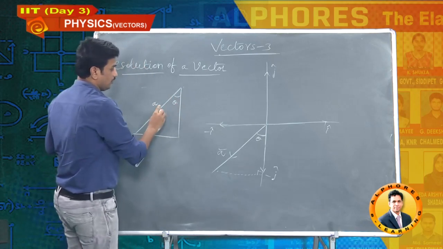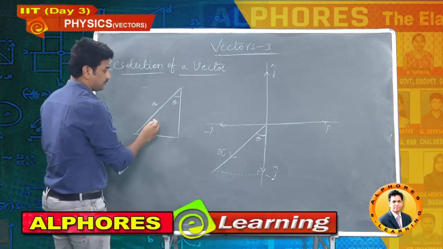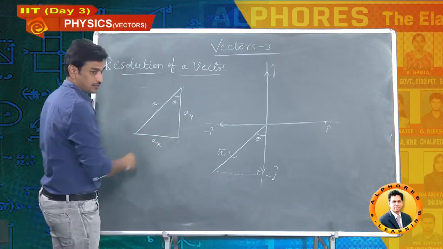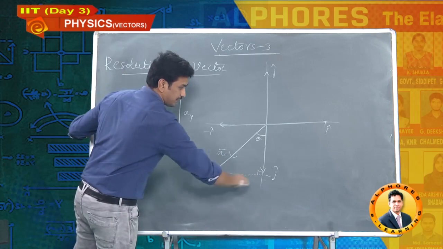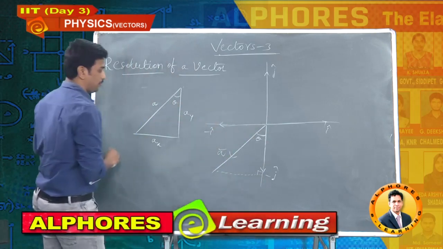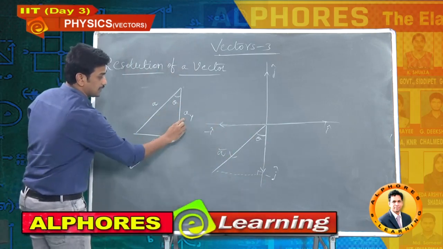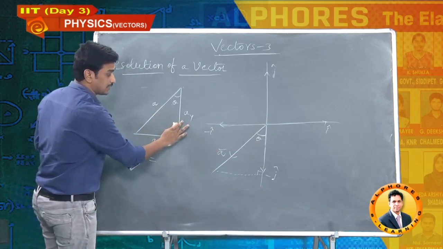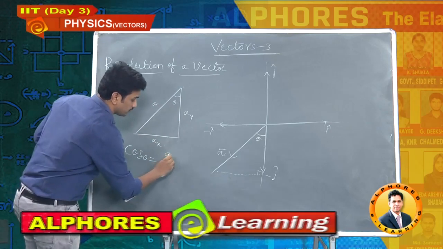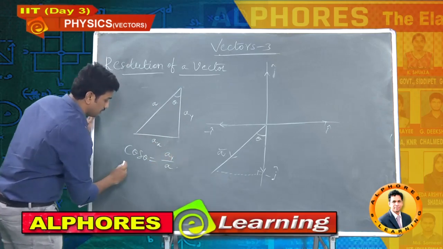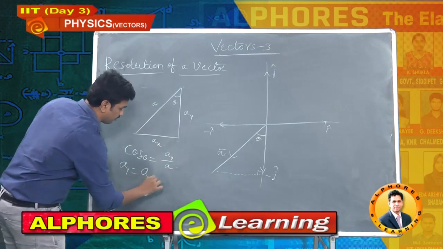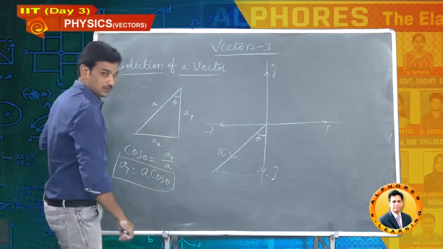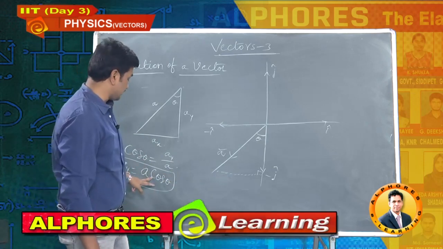Now what are cos theta and sin theta? Let the sides be Ay and Ax: horizontal direction Ax, vertical direction Ay. Now for theta, the adjacent side, cos theta is adjacent side by hypotenuse, Ay by A. So Ay is equal to A cos theta.